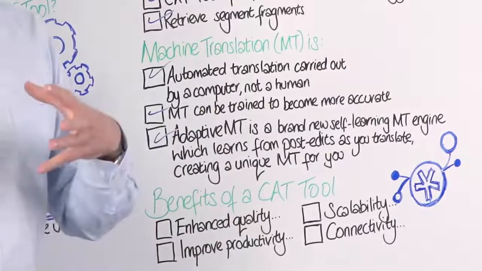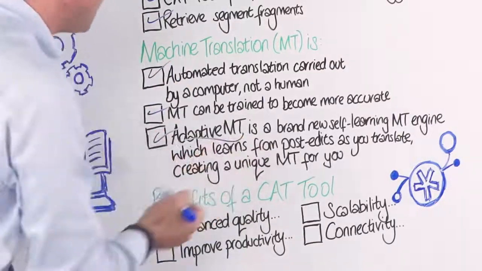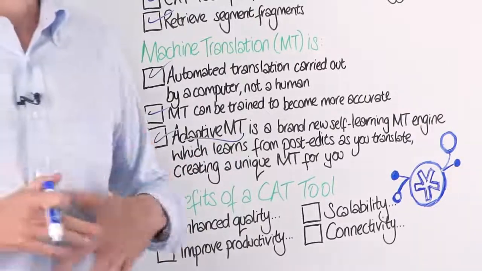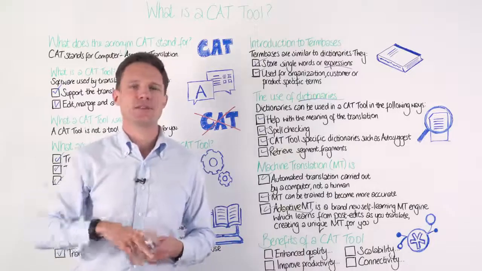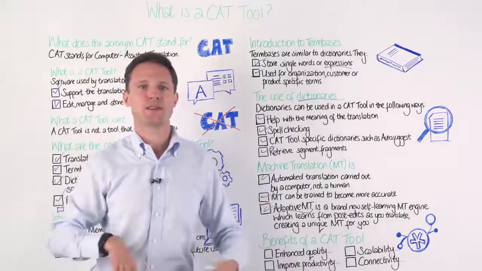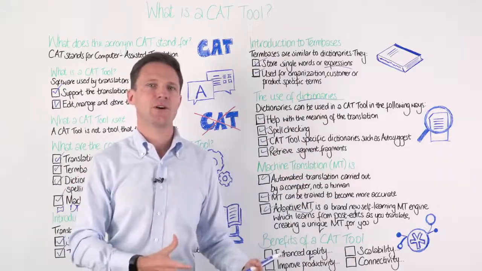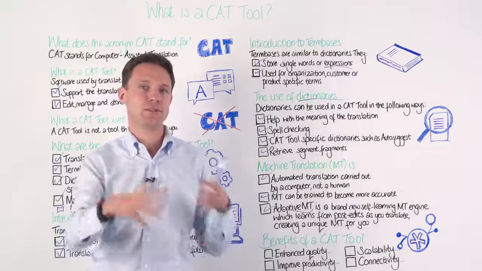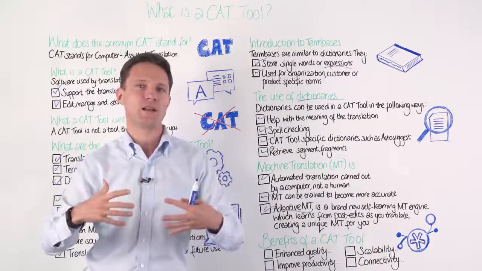And there's the kind of two ways of training, and here we've got adaptive NT. So what's the difference between training an engine and adaptive NT? Typically, training an engine is something that you do in a batch. It's a big, lengthy process that requires thousands of words. You take tons of content, stick it into the machine translation, and that should improve the results.